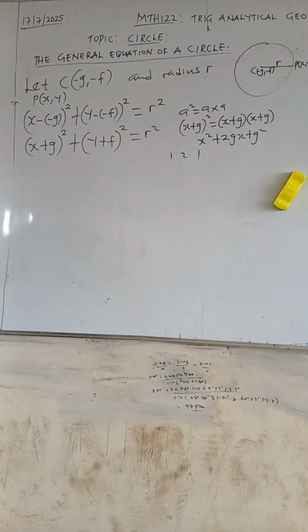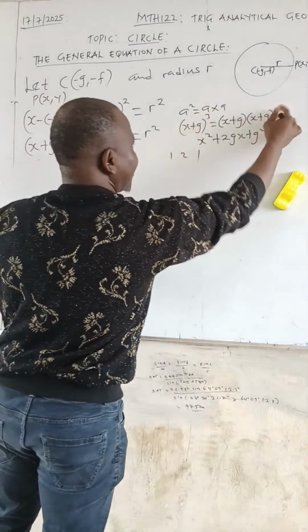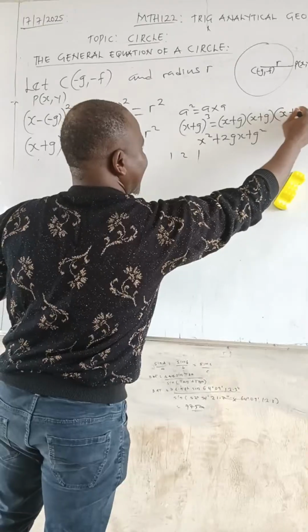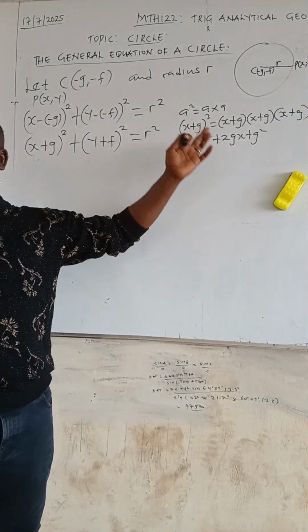Do you understand? But supposing it's raised to power 3, it means we are still going to multiply this. True or false? So you just need 1, 3, 3, 1.